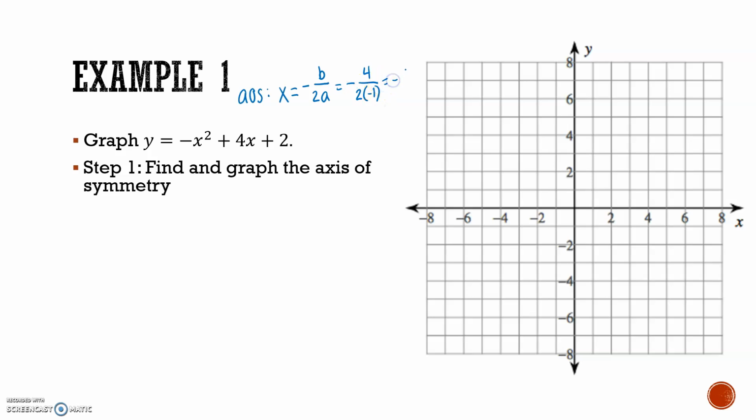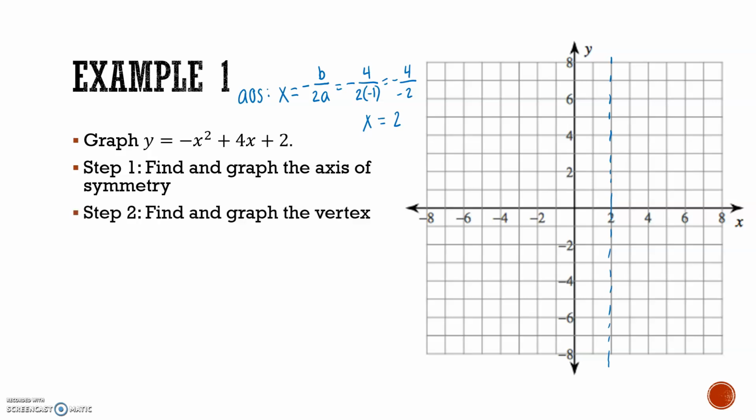So this would be like having negative 4 over negative 2. That gives me x equals a positive 2, because two negatives make a positive, and 4 divided by 2 is 2. My axis of symmetry is not actually part of the parabola, but I put it on the graph because it helps me see where my line of symmetry goes.